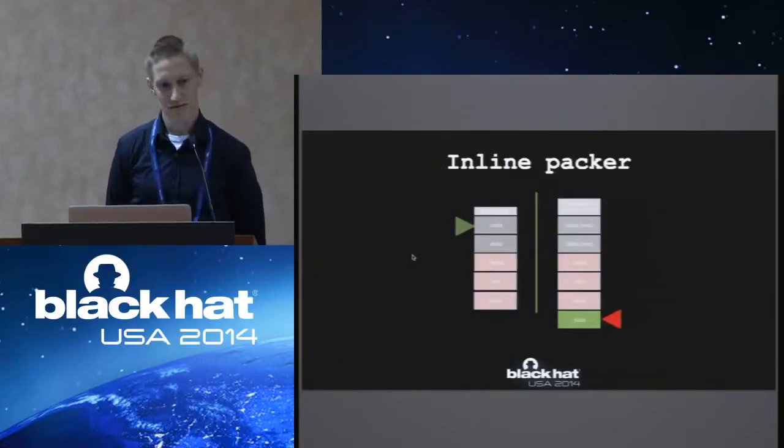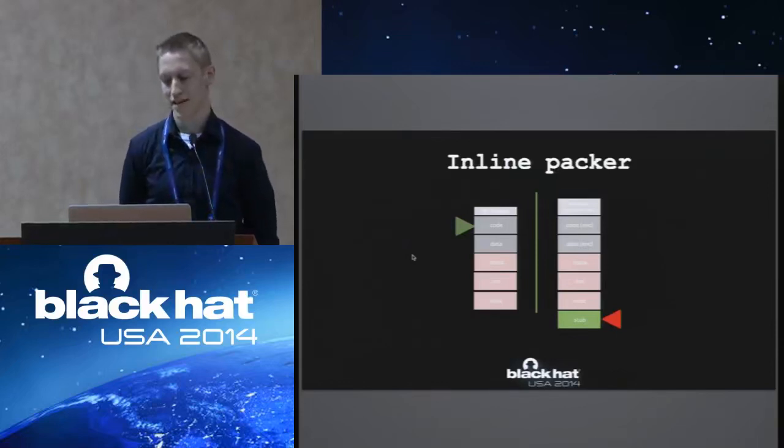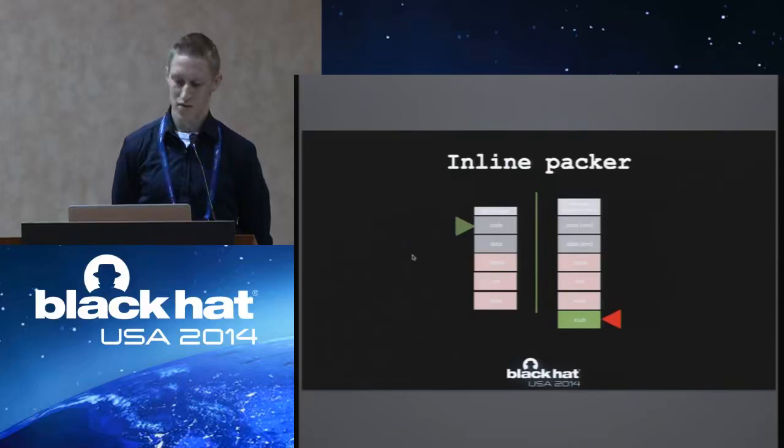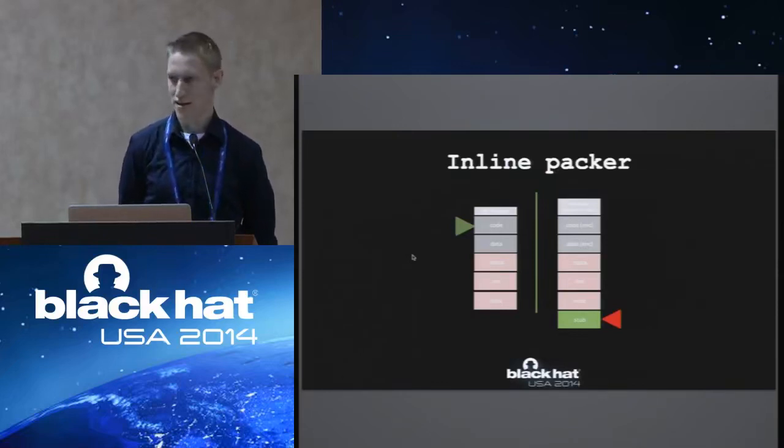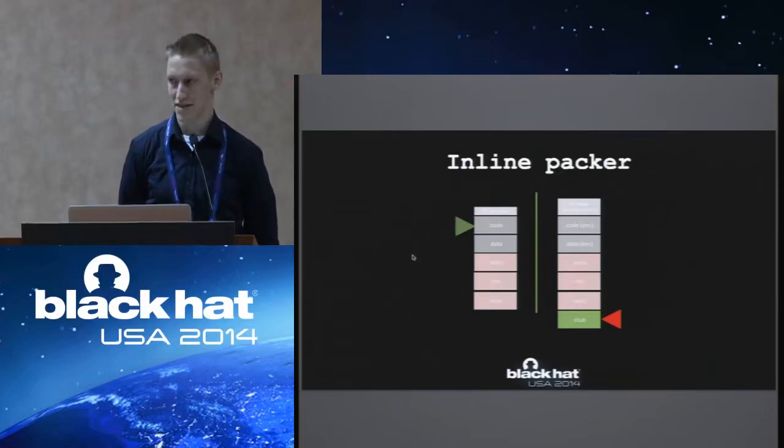First of all, we've implemented a simple packing technique, which we called inline packer. On the left we have the input executable that we want to pack, and on the right we have the final executable generated by this packing technique. What the packer will do statically is encrypt the code and the data section inline, and append our stub as a new section.